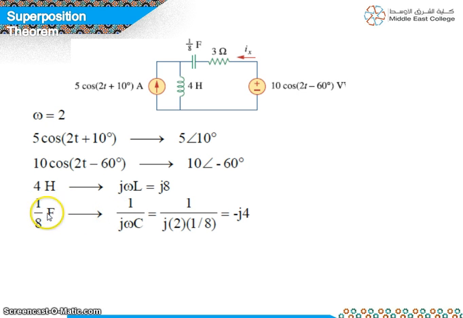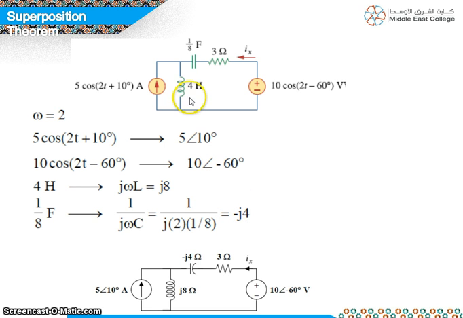To change the capacitor into an ohm value, the formula is 1 by j omega C. Omega is 2 and the C value is 1 by 8. When we use a calculator, the answer will be minus j4 ohms. So we have changed all our values to the frequency domain. Now we can apply the superposition theorem to our AC circuit.